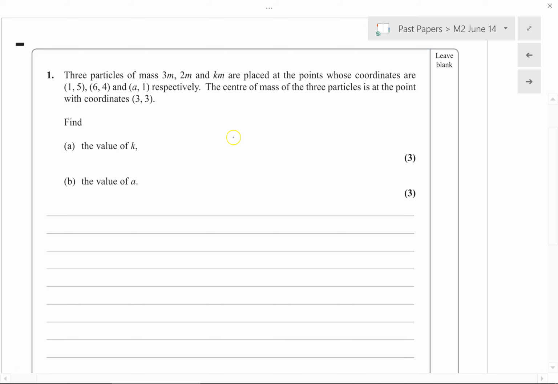It's basically a load of particles on coordinate axes. You don't see this very often. When you do, you realise that you've got easy marks to gain really. I like to put these things in a table. Those are the separate masses.